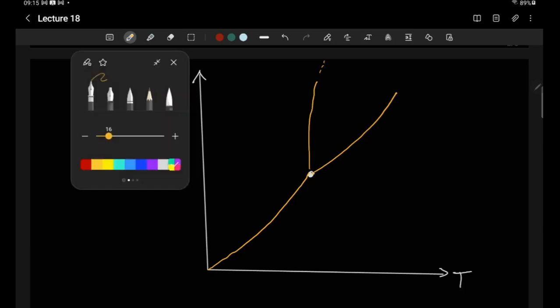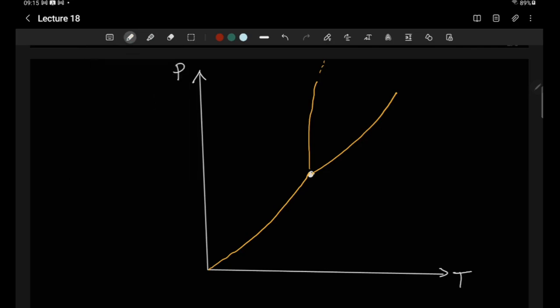Now you have to help me. Which one will come here? Gas. Thank you. What will come here? Liquid. Thank you. And what will come here? Okay, thank you. Perfect.